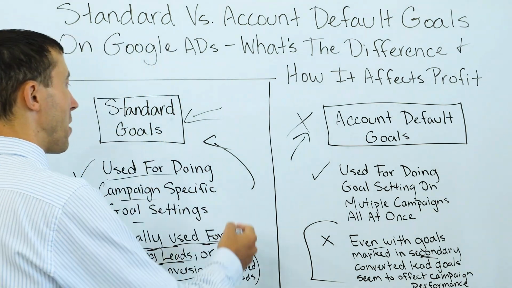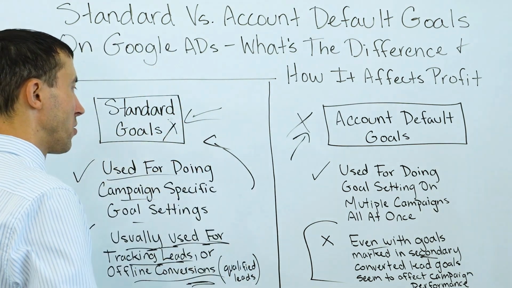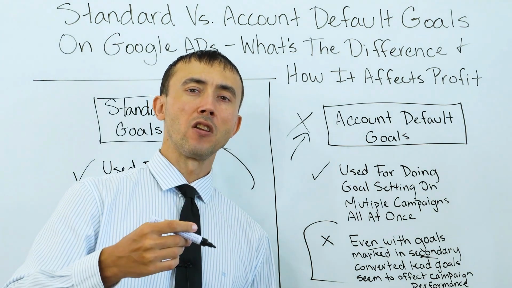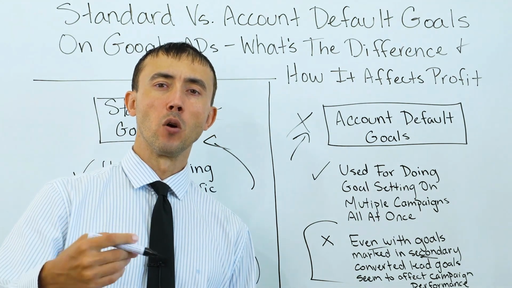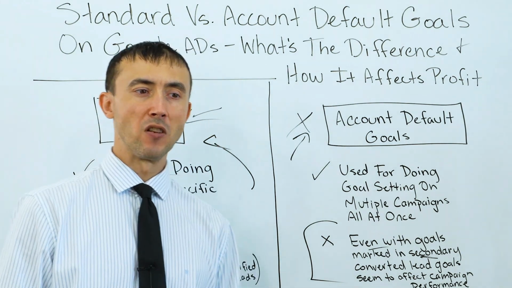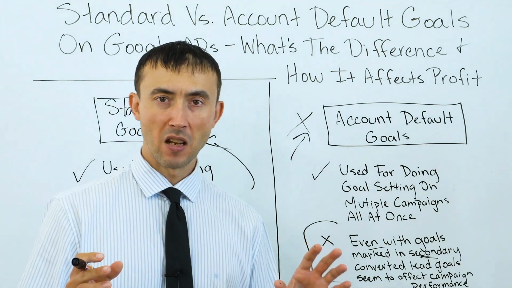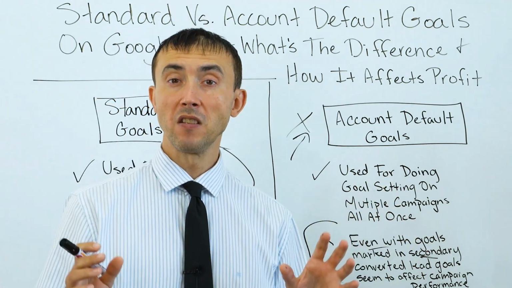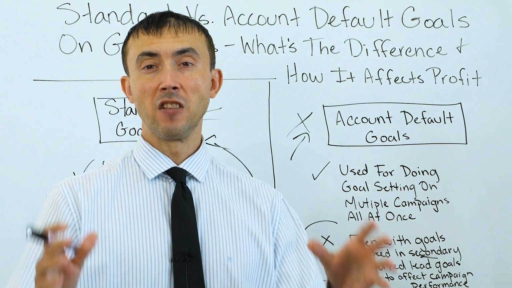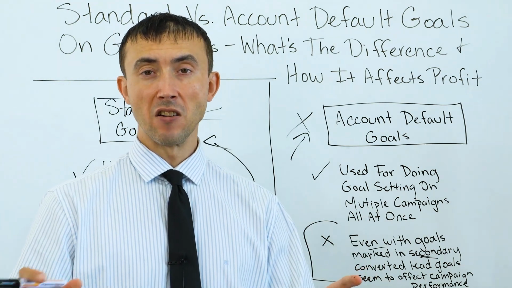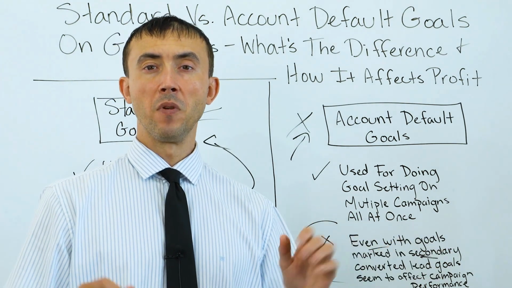And in that case, I'm going to make all the goals standard goals, and I'm going to set up the goal selection on the campaign level via the goal settings on each campaign individually, given that each of these campaigns are actually maybe sending people to different websites or even different landing pages that have different, like one is a standard contact form, one is a multi-step form, something like that.